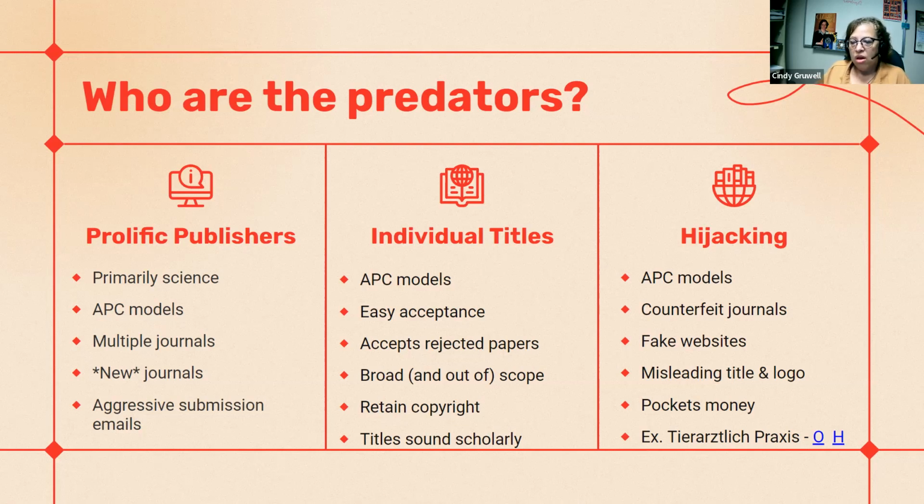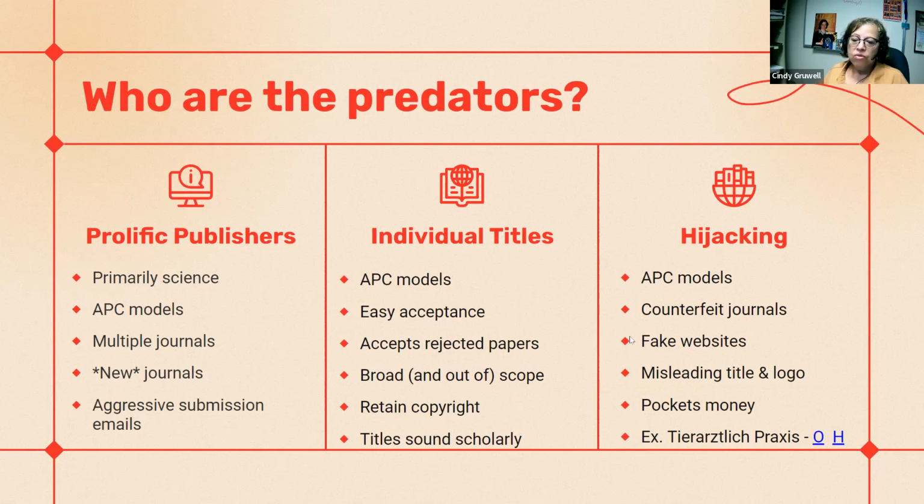There are individual titles that you'll find of journals, again with APC models. They tend to have easy acceptance. They accept a lot of rejected papers. They're often broad and out of scope. It might be a history journal that has science articles. They retain your copyright, though, and that's the dangerous part of publishing with a predatory journal. They have the rights to your work, and the titles tend to sound scholarly.